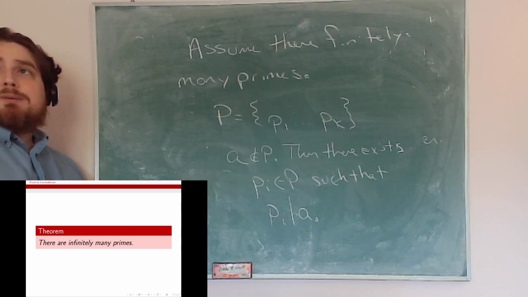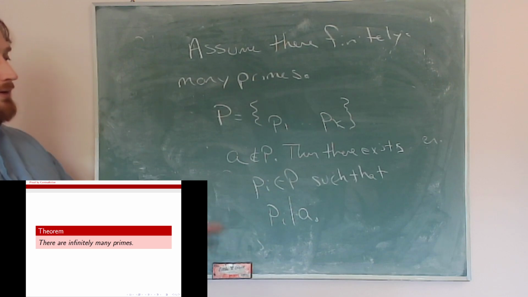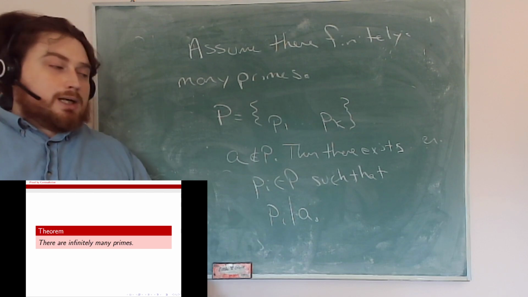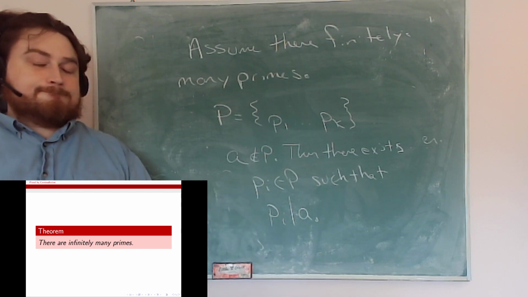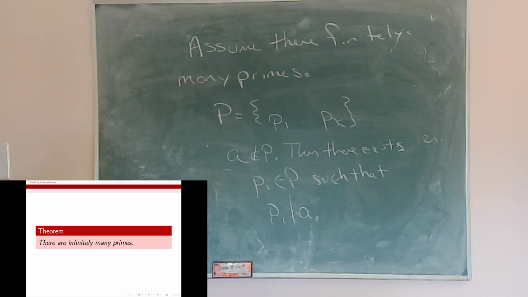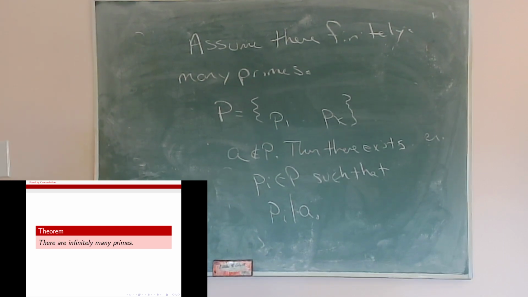So if I don't ever get to primes, I keep factoring forever. So I get a contradiction. So if I start with A, I have to be able to factor until I get some prime that is going to divide A. Does that argument make sense to everybody? I want to make sure you see what I'm saying there before moving on.